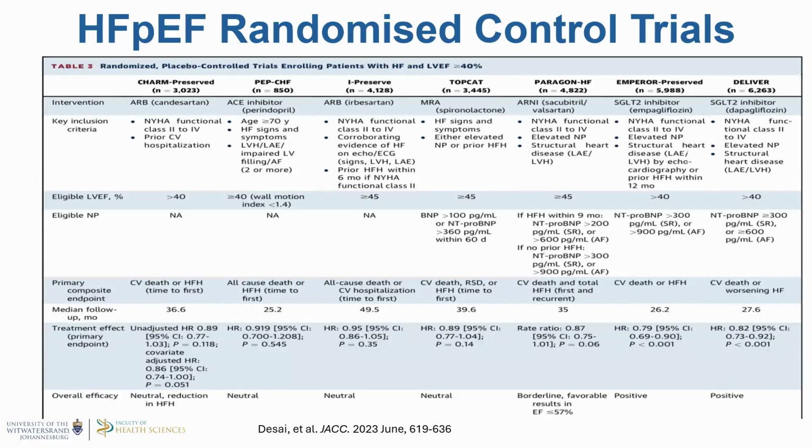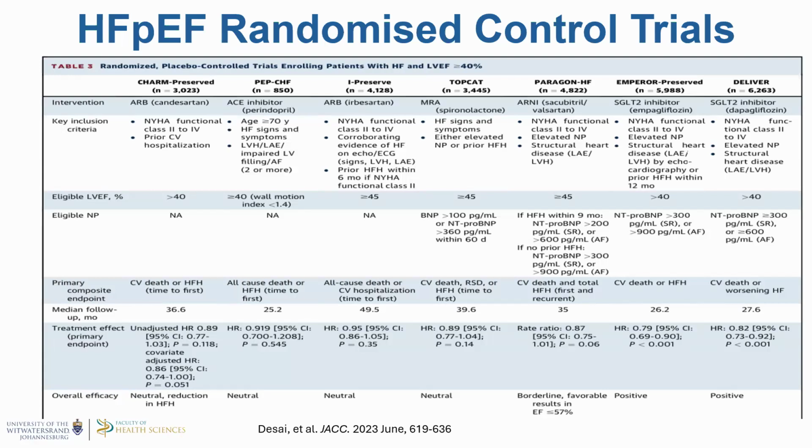As you know, the main pathophysiology of patients with HFrEF is the neurohormonal pathways, and most of those drugs work to antagonize the neurohormonal pathways. With HFpEF, it's a completely different story. It's mainly to do with inflammation. That's why most likely these trials were all negative.